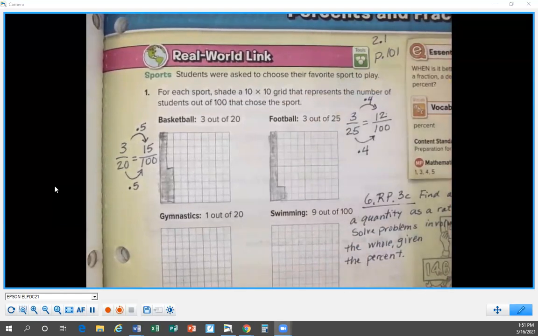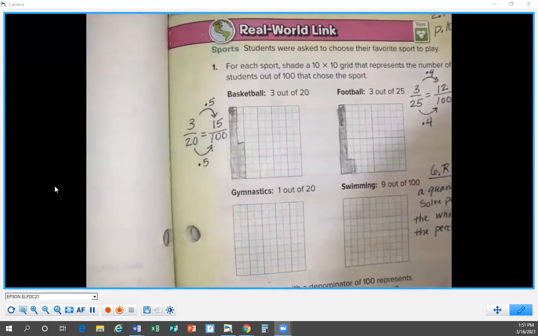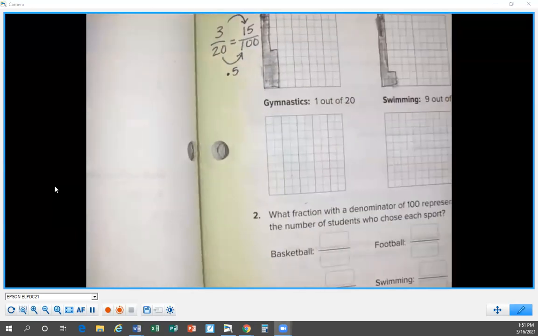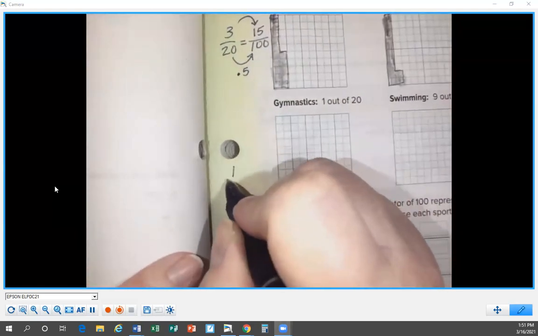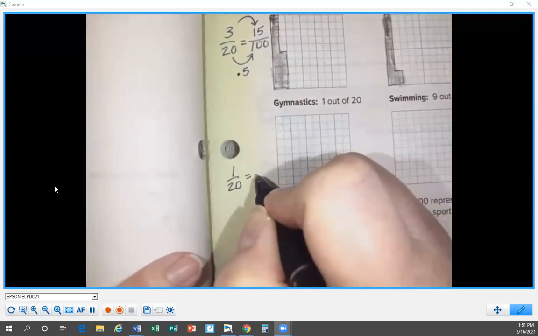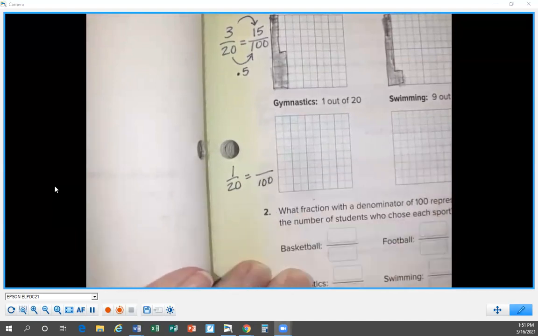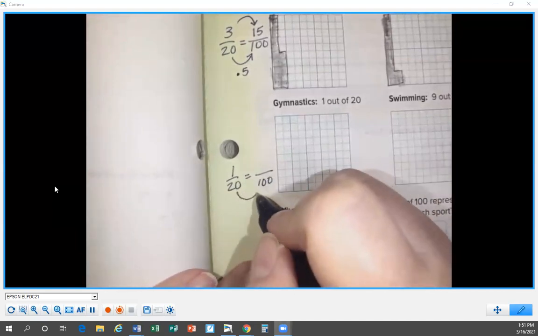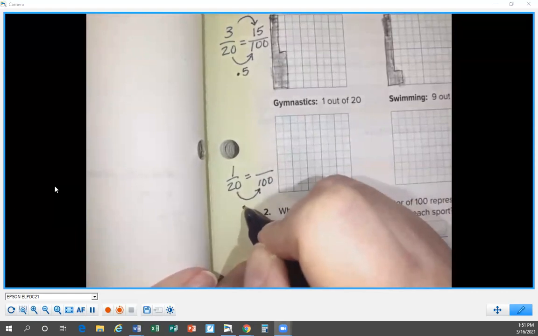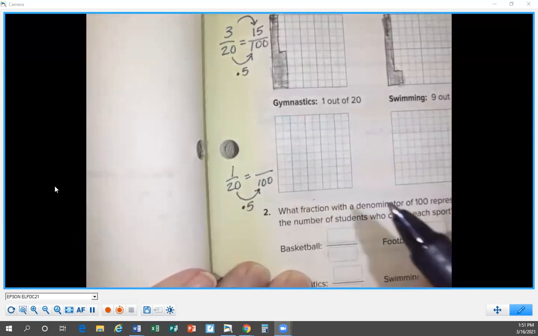All right, gymnastics. Not as popular of a sport. Okay, difficult sport. All right, 1 out of every 20 students is in gymnastics. So how many would that be out of 100? Well, how many times does 20 go into 100? 5. So we multiply that by 5.